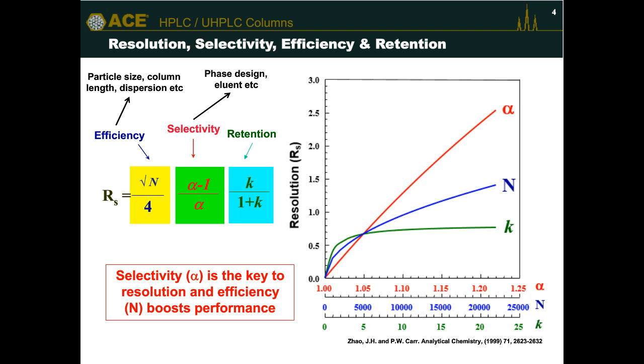It very quickly plateaus, whereas you can see the red line for selectivity keeps rising with respect to its relationship to resolution. So chromatography theory very clearly tells us selectivity is more powerful with respect to resolution. But I'm not sure which example they're referring to, so I apologize for that.